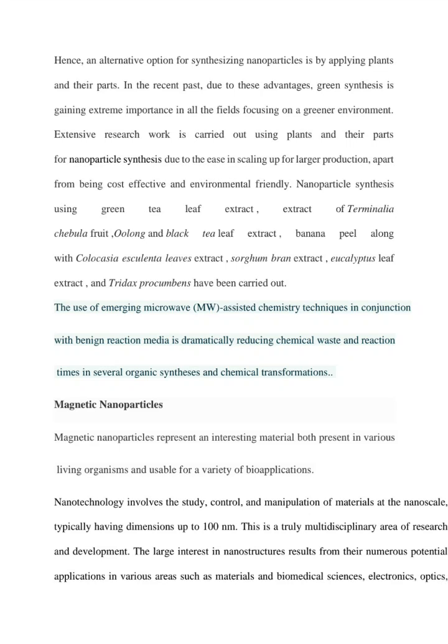Apart from being cost effective and environmentally friendly, nanoparticle synthesis using green tea leaf extract, Terminalia chebula fruit, oolong and black tea leaf extract, banana peel, along with Colocasia esculenta leaves extract, sorghum bran extract, eucalyptus leaf extracts, and Tridax procumbens have been carried out.